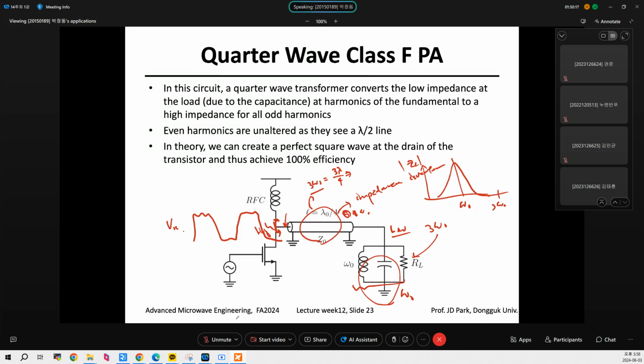Make sense? How about second harmonics? Second harmonics means this is 2 omega 0. Effectively, this is a half lambda. So if this is low at 2 omega 0, this impedance is also low. Therefore, it does not adopt any even harmonics.